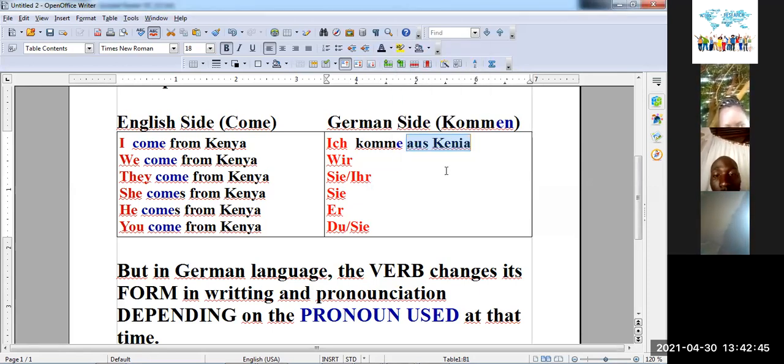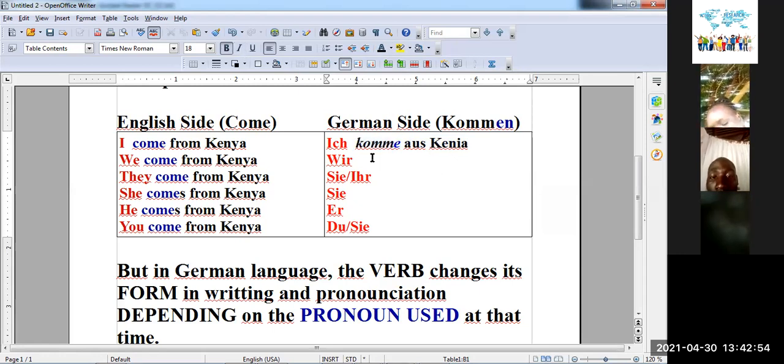This is the way the verb changes. So the formula: ich equals the letter E at the end of the verb, okay?